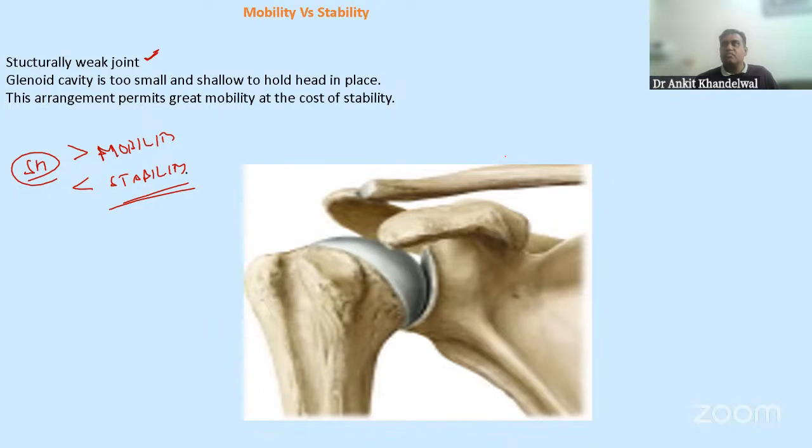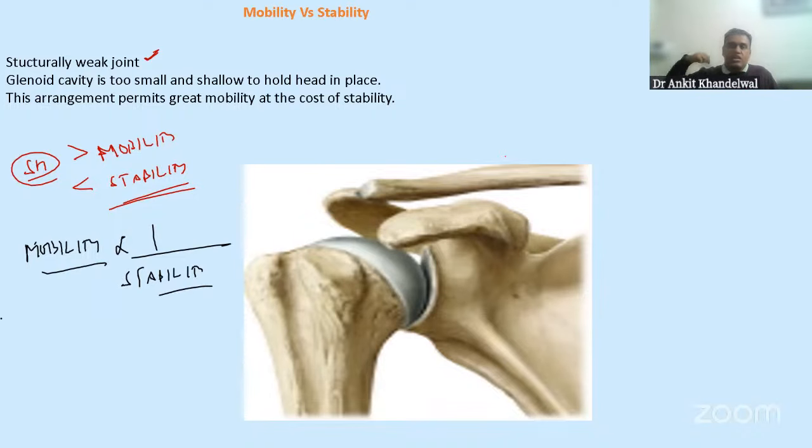People who are more stable at a particular area will be less mobile for work purposes, not leisure. Leisure, you can go anywhere around the world. So anyone who is more mobile will be less stable, and anyone who is more stable will be less mobile. That applies here also: mobility is inversely proportional to stability.